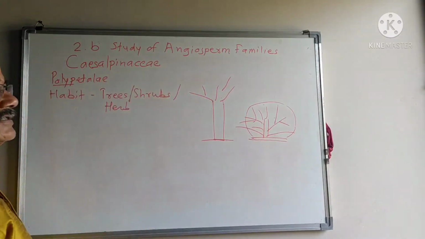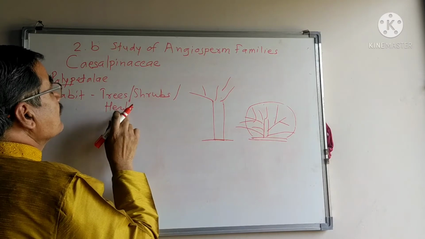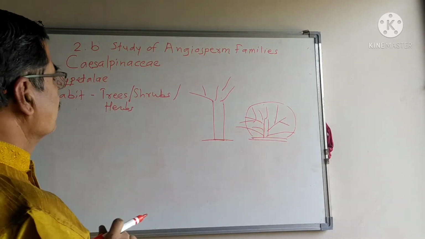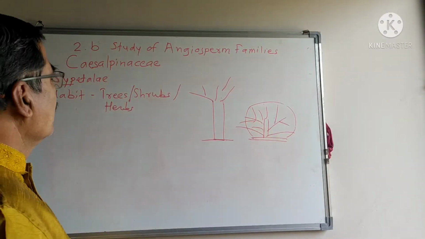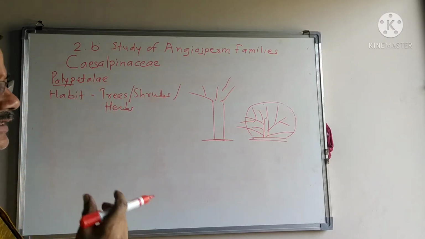Therefore, as a general character, the plants are herbs. A herb lives only for a few months throughout its life. The stem remains green, and at the time of harvest it becomes hard and dry.